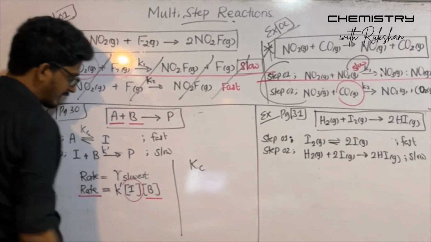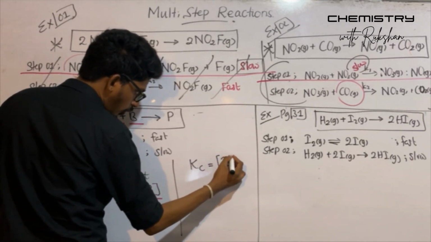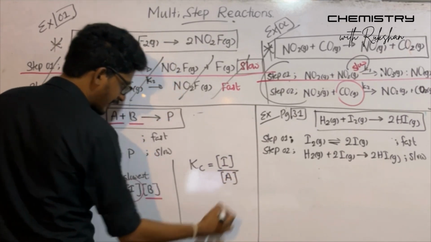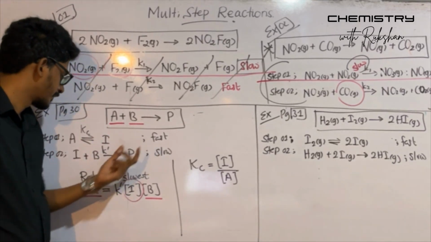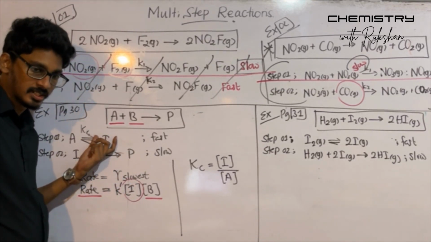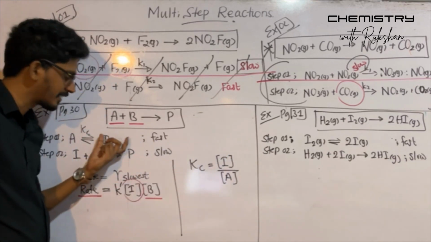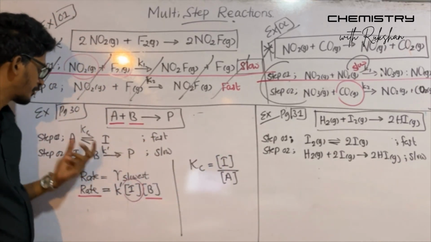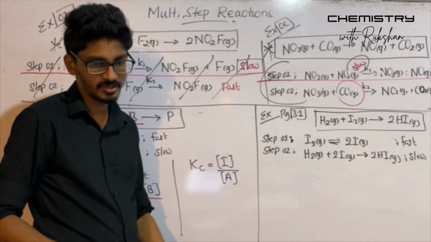You can write the Kc as this, the I over the A. Equilibrium constants are written like this: you have to write the concentration of products to its stoichiometric power divided by the concentration of the reactants to its stoichiometric power. That is how the Kc is written, right?